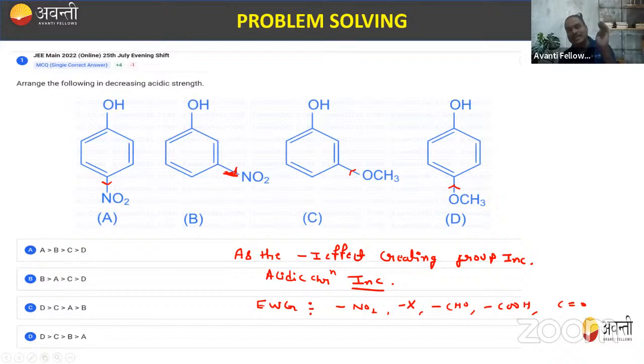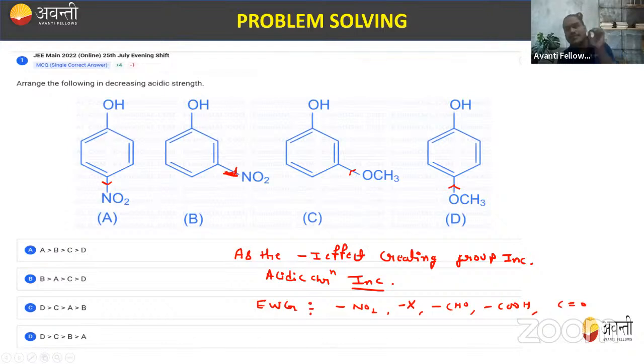Whenever, whether it is an electron withdrawing or electron donating group, whenever they attach to the para position, they always show their मैक्सिमम कैरेक्टर. मतलब अगर NO2 लगा है पैरा पे, और एक जगह मेटा पे, तो NO2 जो पैरा पे लगा है वो हमेशा, they always, इलेक्ट्रॉन विड्रॉइंग कैरेक्टर को बढ़ाएगा और एसिडिक करेक्टर को बढ़ाएगा. यानी whenever electron withdrawing group is attached to the para position as compared to meta, they always increase the acidic character. ठीक है.